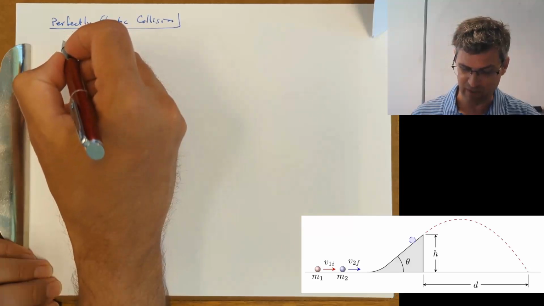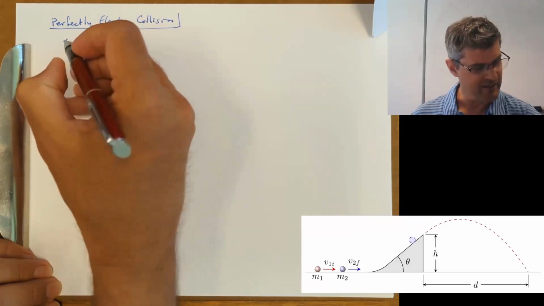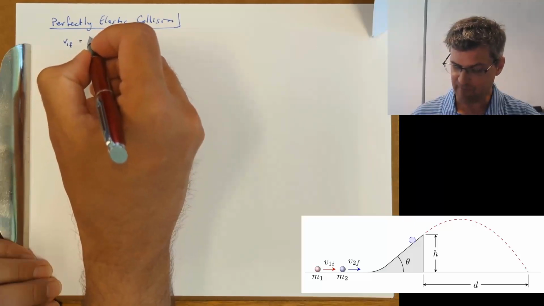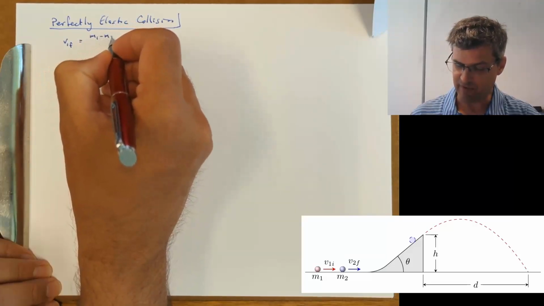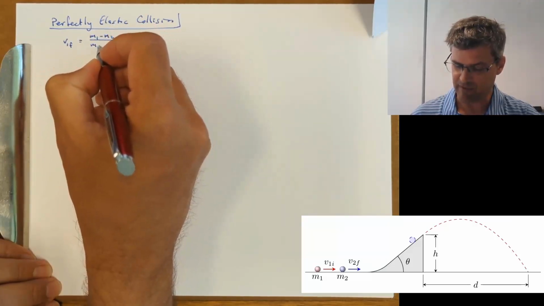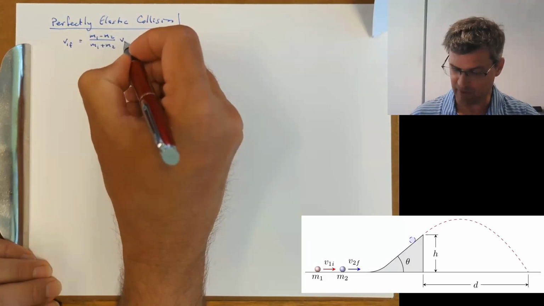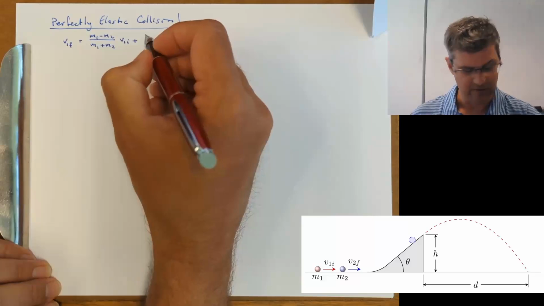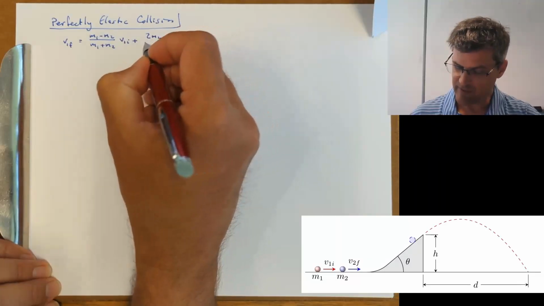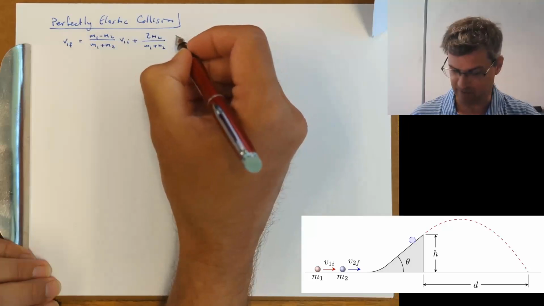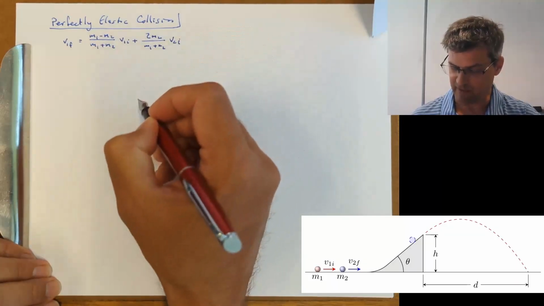because what we know in a perfectly elastic collision is that the velocity of v1 after the collision is (m1 minus m2) over (m1 plus m2) times v1 initial, plus 2 m2 over (m1 plus m2) times v2 initial.